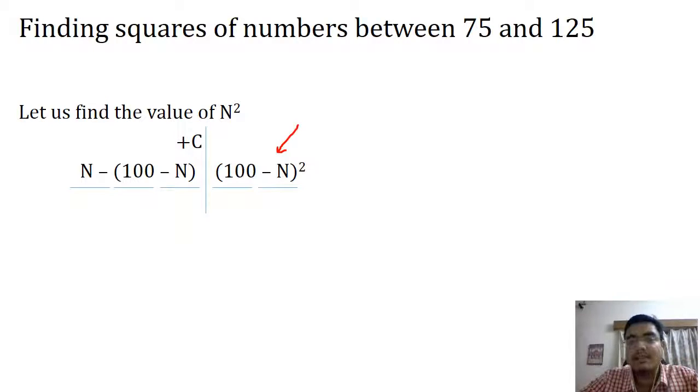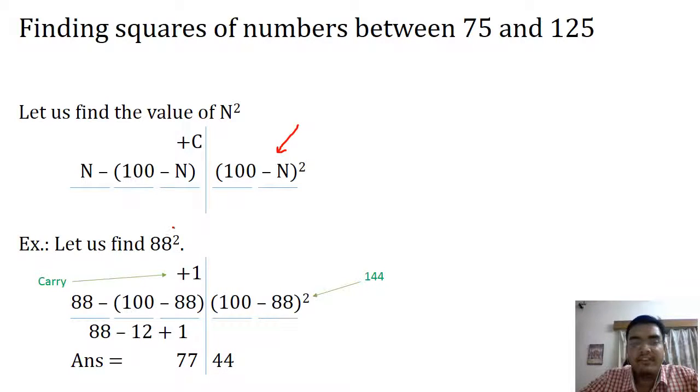So n minus number. So for example, let us see if we have 88 square. For 88 square, what would be the last two digits? 100 minus 88 whole square, that is 12 square. So our last two digits become 44, and 1 is carry. And our first two digits, 88 minus 12 is 76.